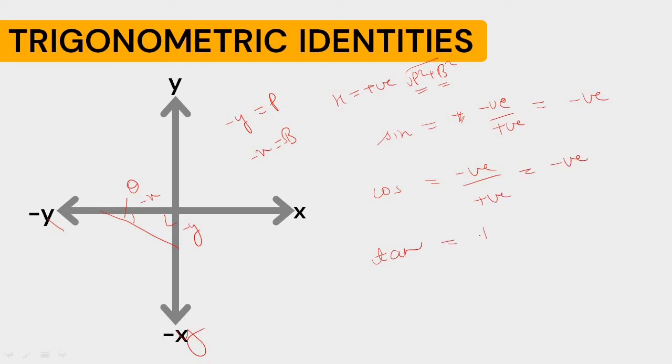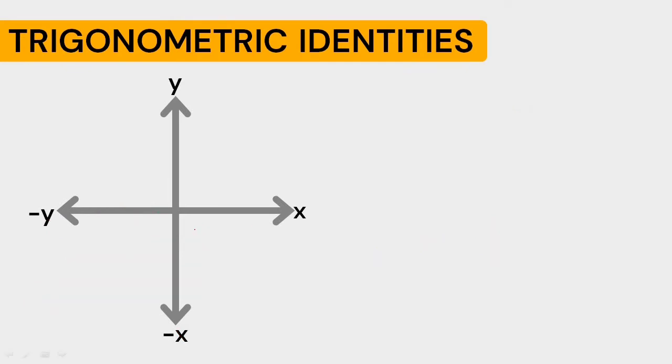And what is tan? Perpendicular upon base. Here both are negative, so the value of tan will be positive. So in the third quadrant, sine and cos are negative, whereas tan is positive.